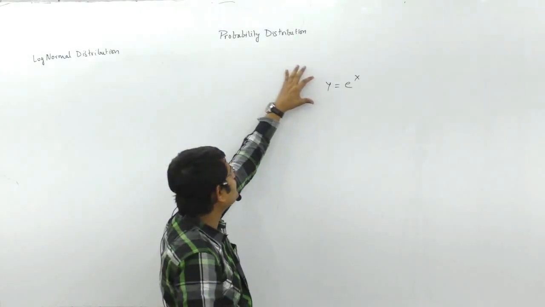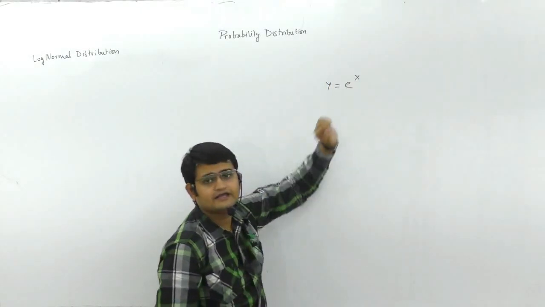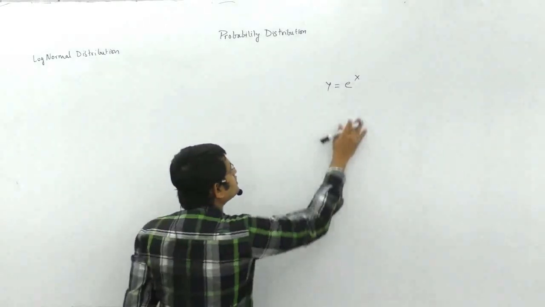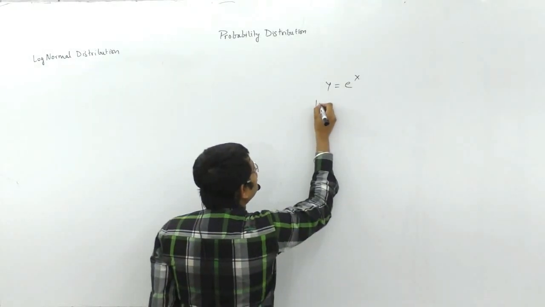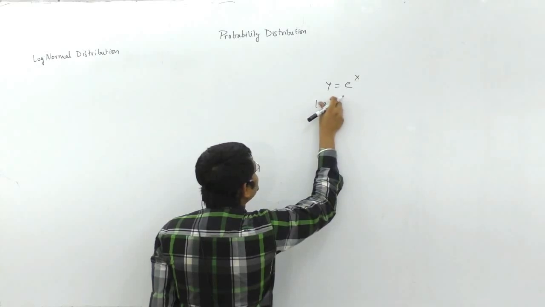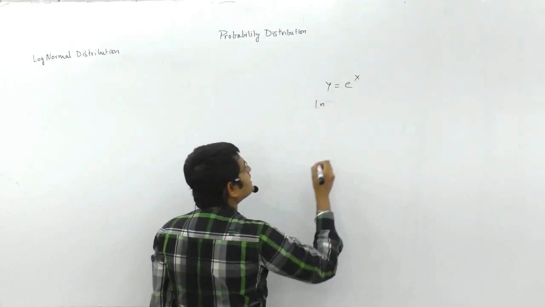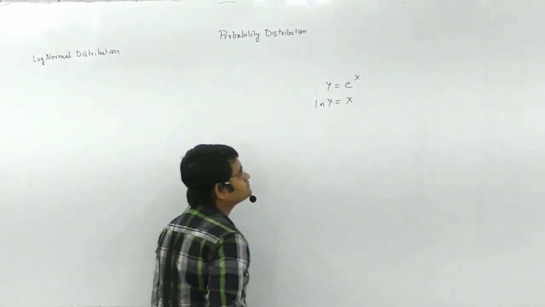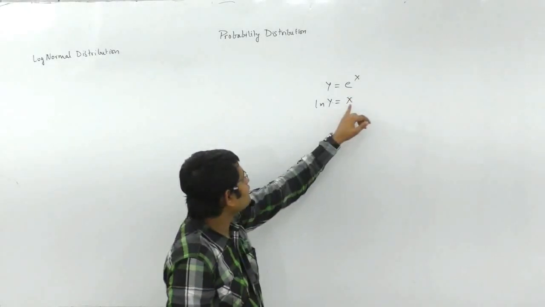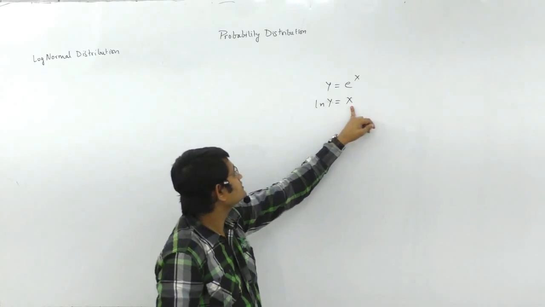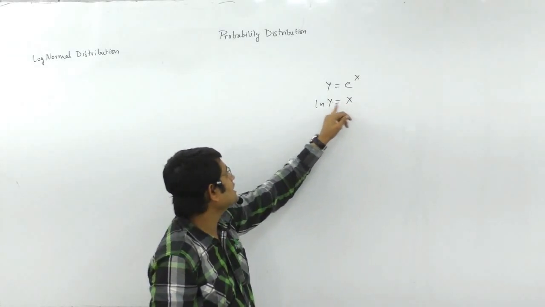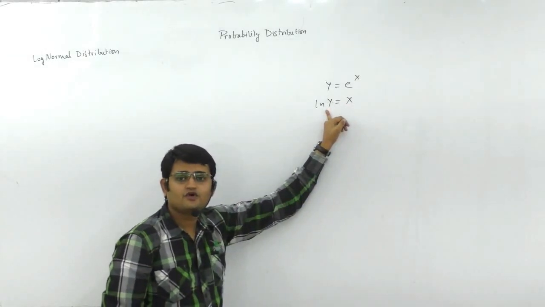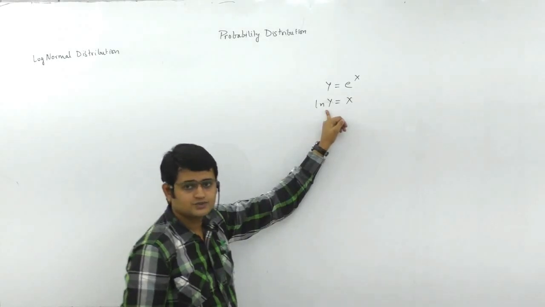If I need to find a relation between y and x, I'll take log on both sides, and this will be log to the base e, or ln y, equal to x. So if my x is following a normal distribution, then my y will be following a log normal distribution.